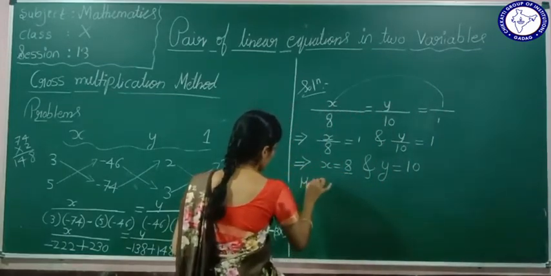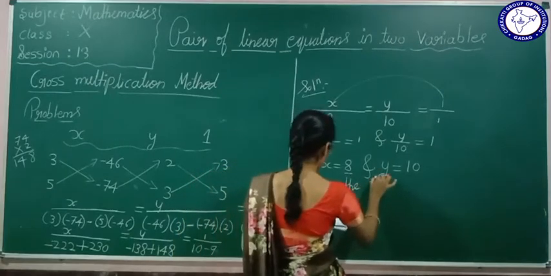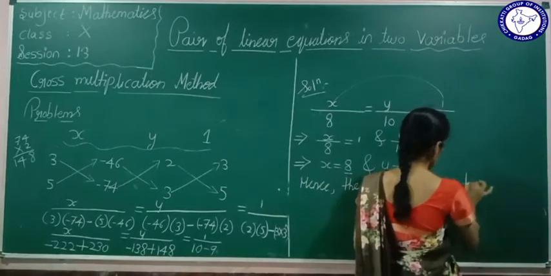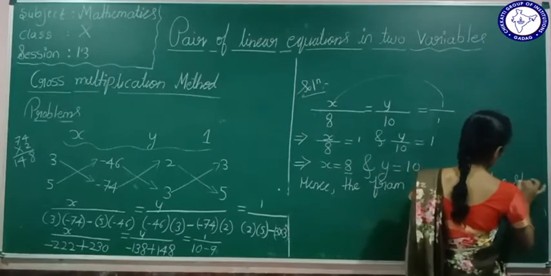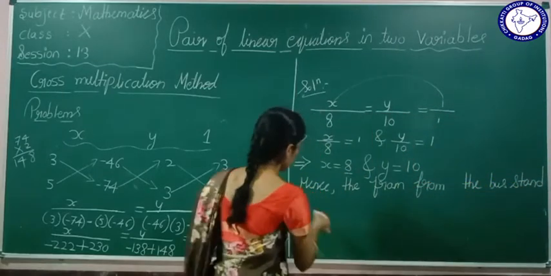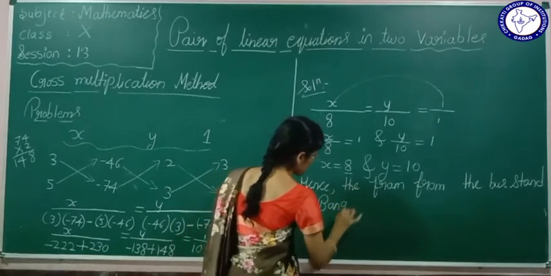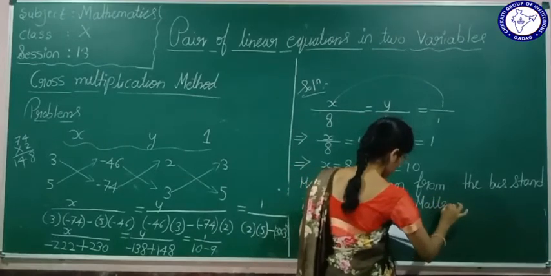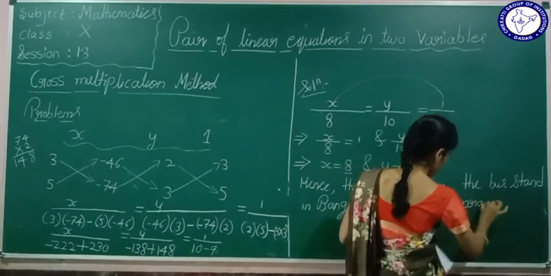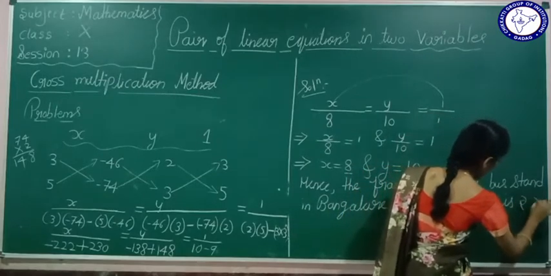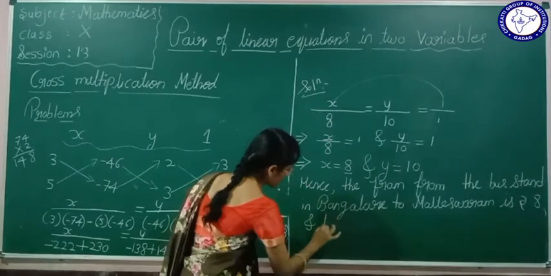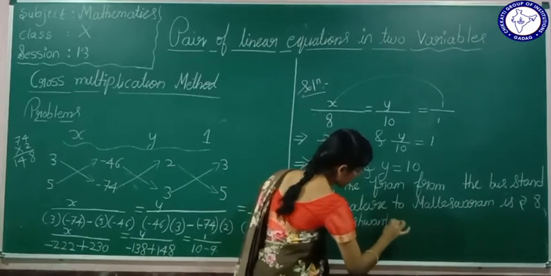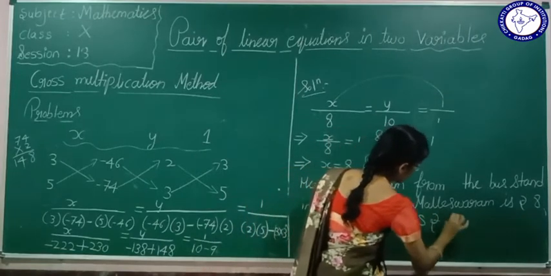Hence, the fare from the bus stand in Bangalore to Malleshwaram is rupees 8 and to Yeshwantpur is rupees 10.